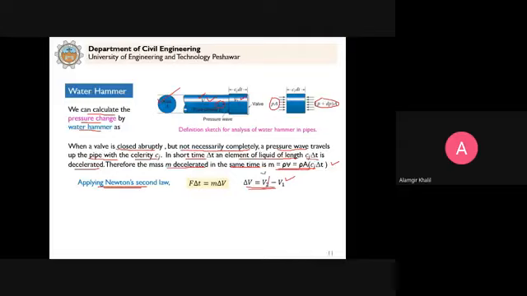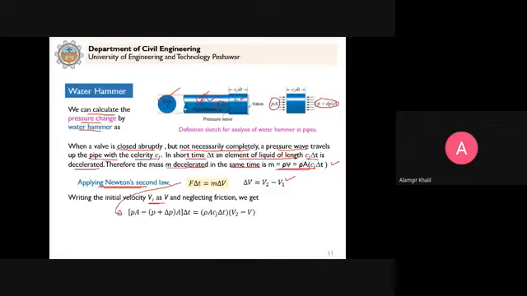But if it is partially closed, then we have v2. So we consider v1 as v, because the fluid is flowing with a velocity v. Using Newton's second law and simplifying, delta P is given by this equation.